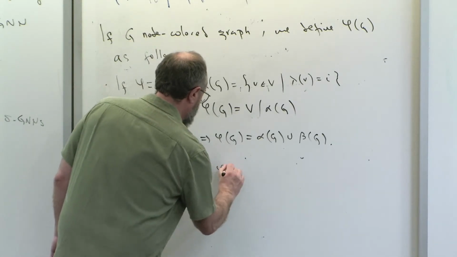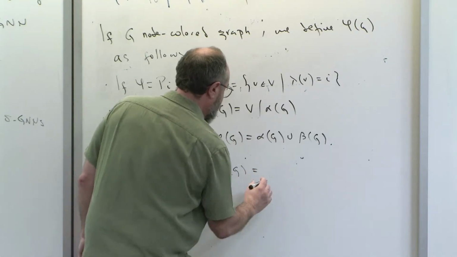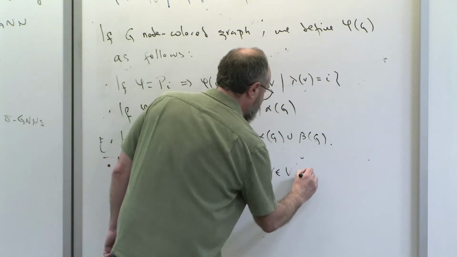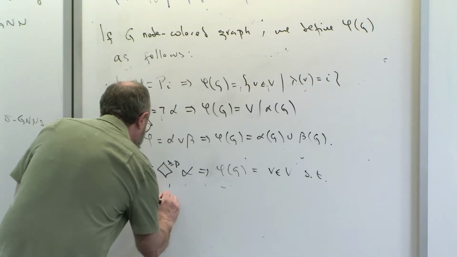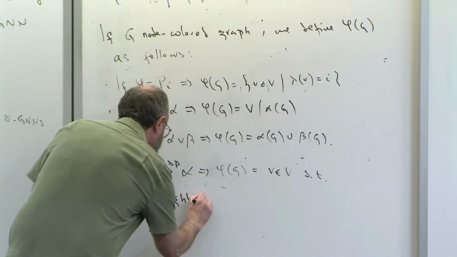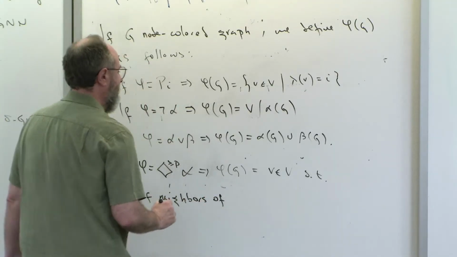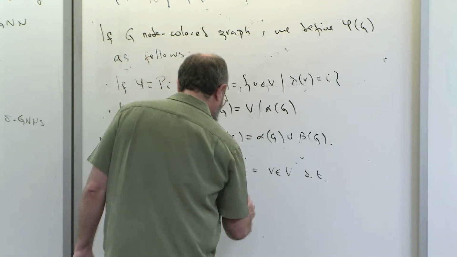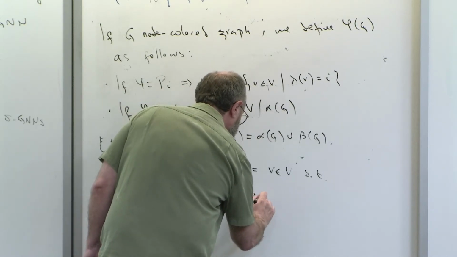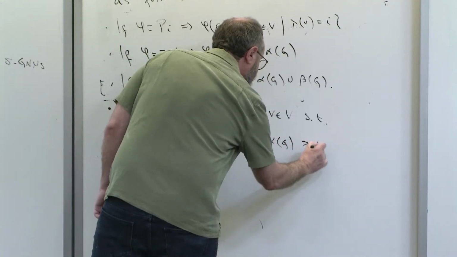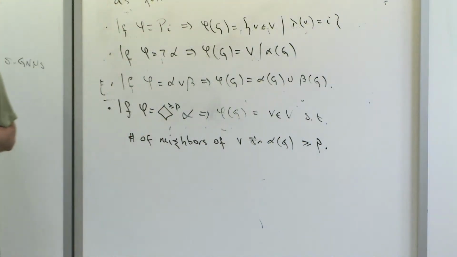Then phi of G is the set of nodes B such that the number of neighbors of B in alpha of G is bigger or equal than P. So I will filter those nodes that have at least P neighbors that satisfy alpha. Yeah?